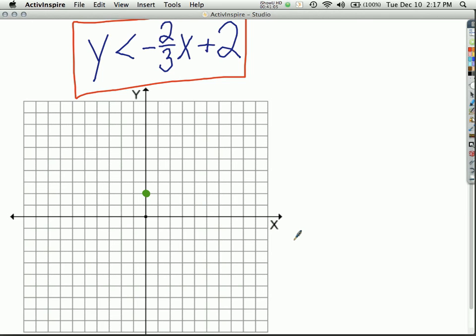So how do I go? That's not a line, so I need to do something with it. What's the next thing I need to do? Caleb? It was a little hard to hear you. I heard down something. Very good.